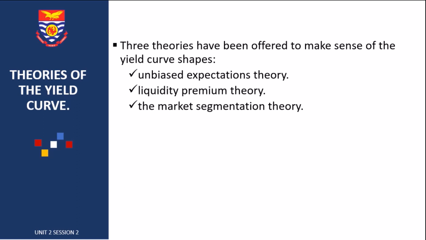So finally, the market segmentation theory also assumes that securities with different maturity periods are not perfect substitutes, just as the liquidity premium theory. Here we are saying that investors demand securities based on their future cash needs.